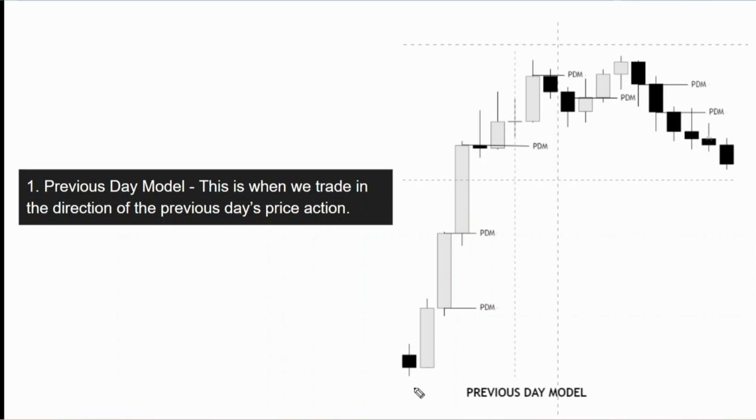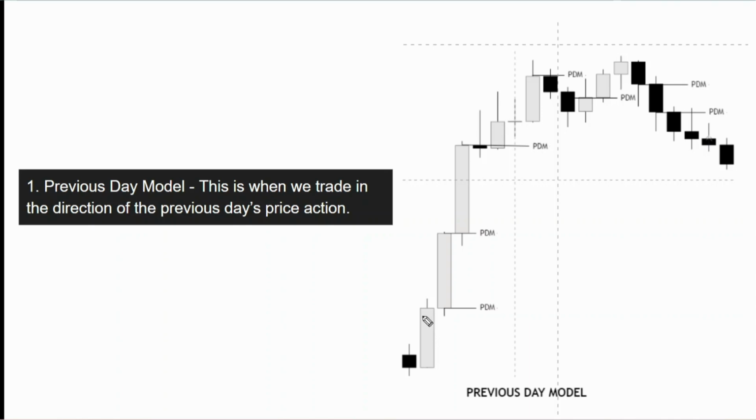This is the daily chart, and in order for us to identify our draw on liquidity, we need to check yesterday's price action. If yesterday price action closed bullish, then today price action will likely close bullish. That is the idea of the previous day model. So it is when we trade in the direction of previous day's price action.